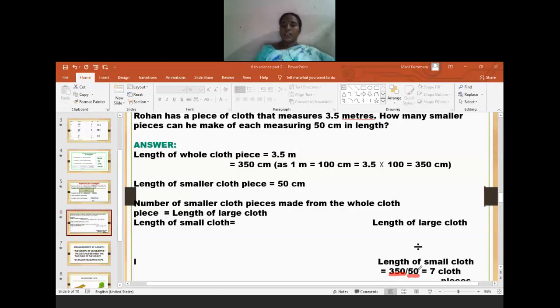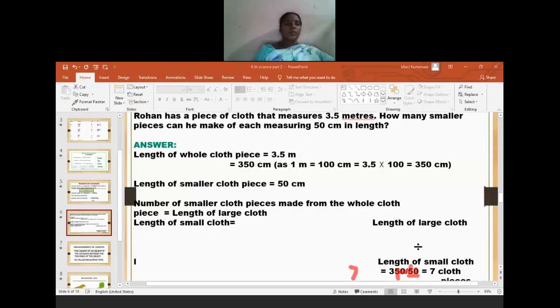So this zero gets cancelled. 5 ones are 5, 7 fives are 35. So 7 small cloth pieces we will get.